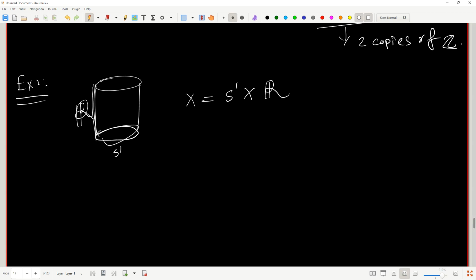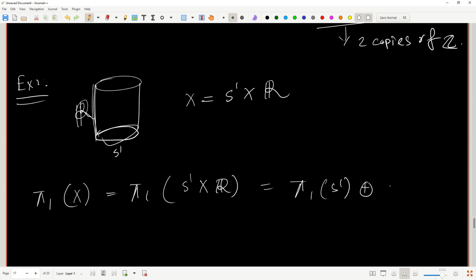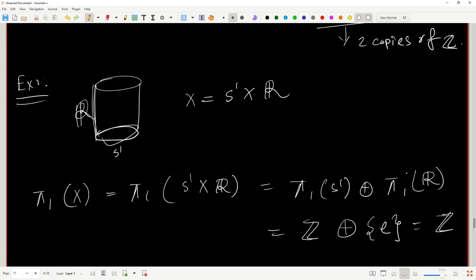So this pi1 of X is nothing but pi1 of S1 cross R, pi1 S1 direct sum pi1 R. Again, this is just Z direct sum with the identity on the real line, and you can keep it like this or you can write it like this. Again, this is just the additive group of integers.